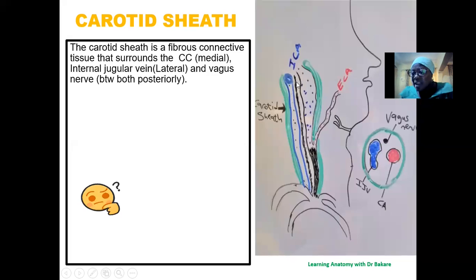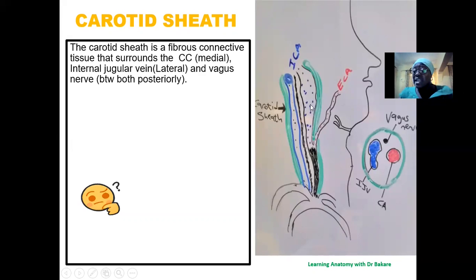The vagus nerve is located between the internal jugular vein and the carotid artery. But the way it is placed, it is more at the back. If you look at this T section, this is the internal jugular vein, this is the carotid artery, this is the vagus nerve. It is placed between them, but it is more to the posterior end. So it is more located at the back, even though it is located between the two vessels.